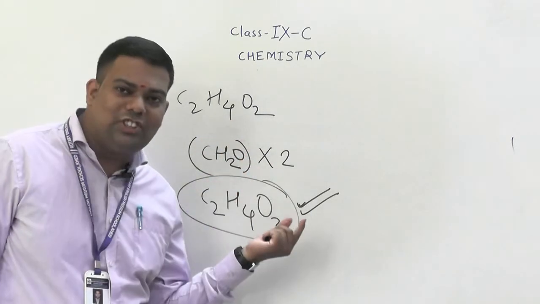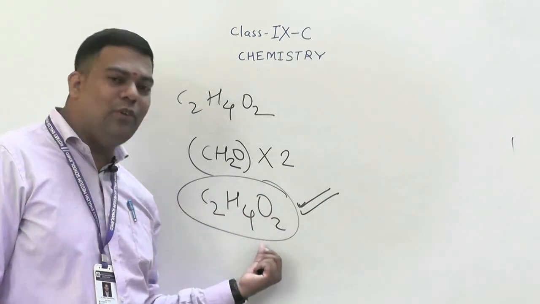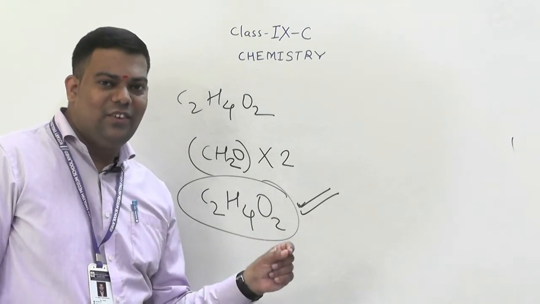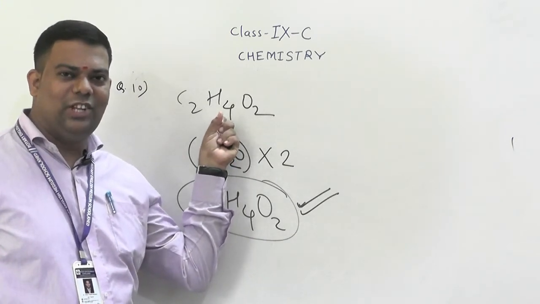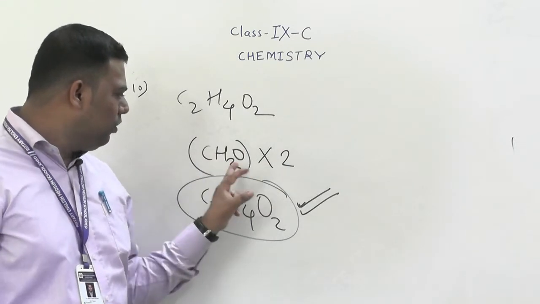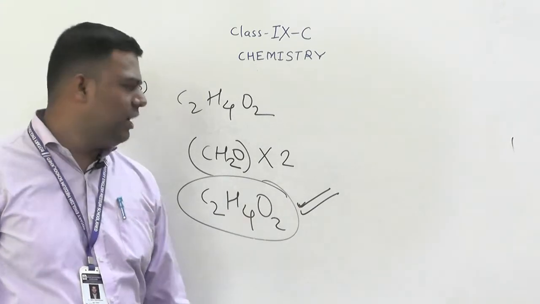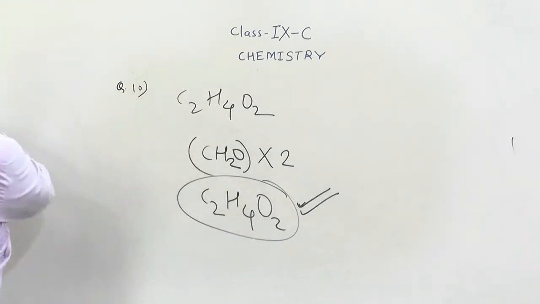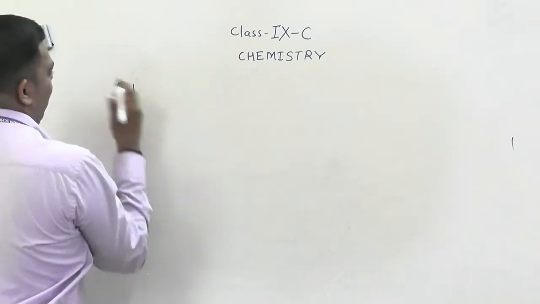You have to cross check with a whole number which gives the molecular formula, that is our ethanoic acid formula. So C2H4O2, yes, it is your option. That option is CH2O, understood? So we will move towards our question number 11.